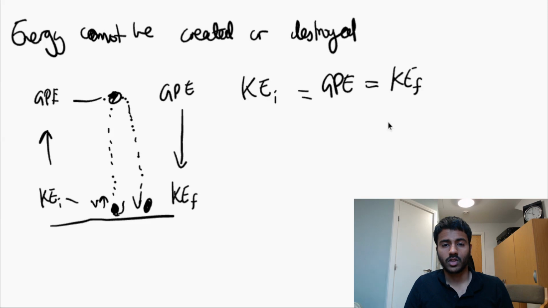And therefore, the speed at which it left my foot is equal to the speed at which it comes back. Now, in a real life scenario, it will actually be a little bit slower because some of the initial kinetic energy would have been converted to heat energy due to the air resistive force.